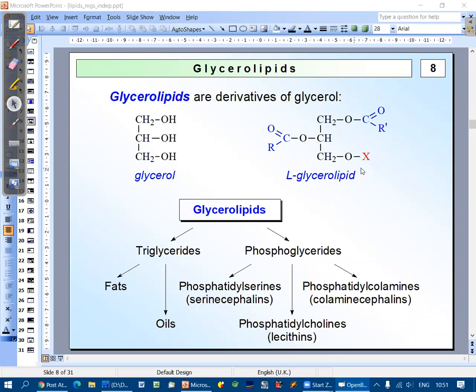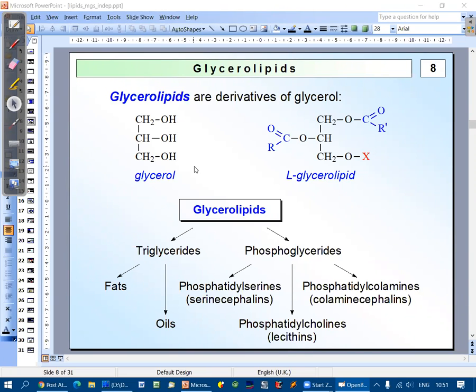Two more words about the spatial structure of glycerolipids. In initial glycerol, there are no chiral centers at all, because the central carbon in the molecule of glycerol has two equivalent substituents, CH2OH groups.